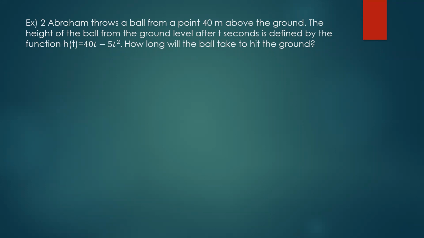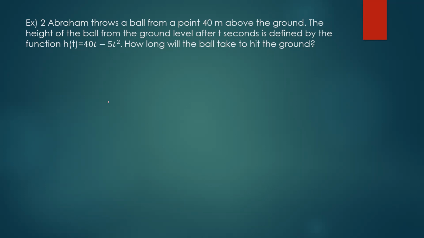Okay, so example 2 says Abraham throws a ball from a point 40 meters above the ground. The height of the ball from the ground level after t seconds is defined by the function h of t equals 40t minus 5t squared. How long will the ball take to hit the ground?